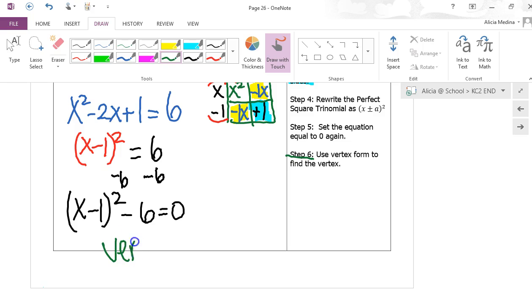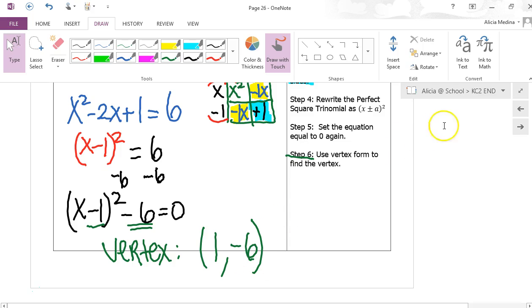So my vertex, remember it's a coordinate, it's a point. So I take the opposite, that's a negative one, so the opposite is a positive one. And I keep the y value the same at a negative 6. So that is my point. Doesn't ask us to graph it, but it was a positive value, so it would be opening upward.